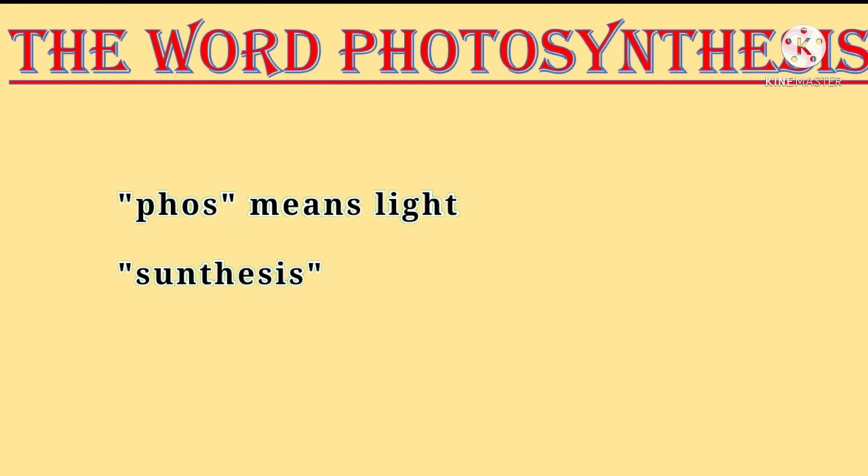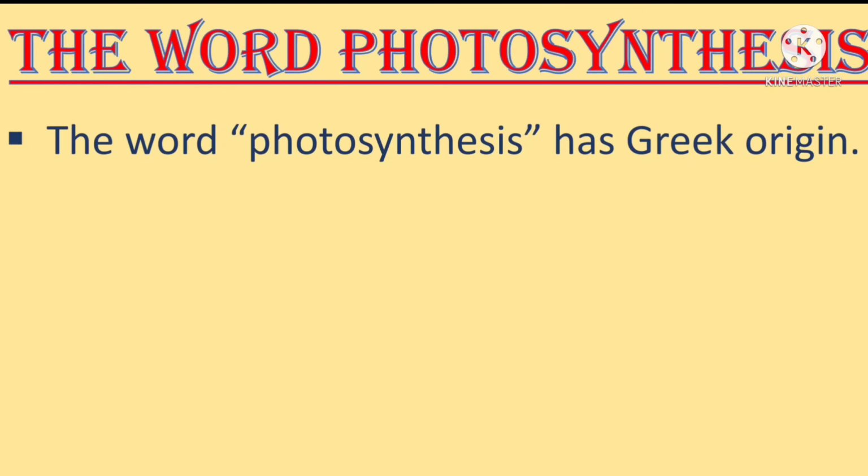Now let us talk about the word photosynthesis. Dear students, this term photosynthesis is considered to have originated from the Greek words phos, meaning light, and synthesis, meaning putting together. So, dear students, the word photosynthesis has Greek roots.